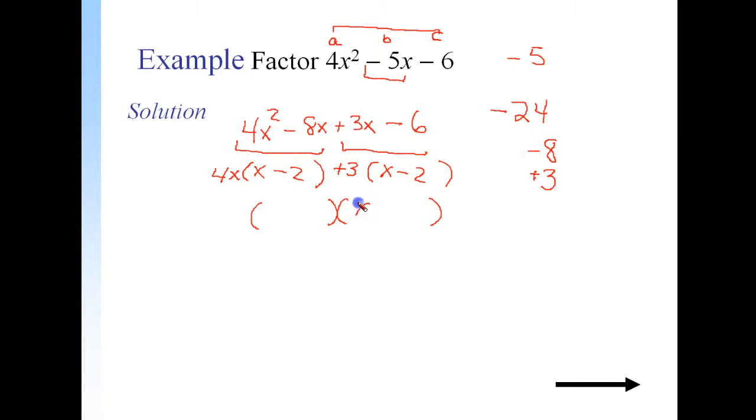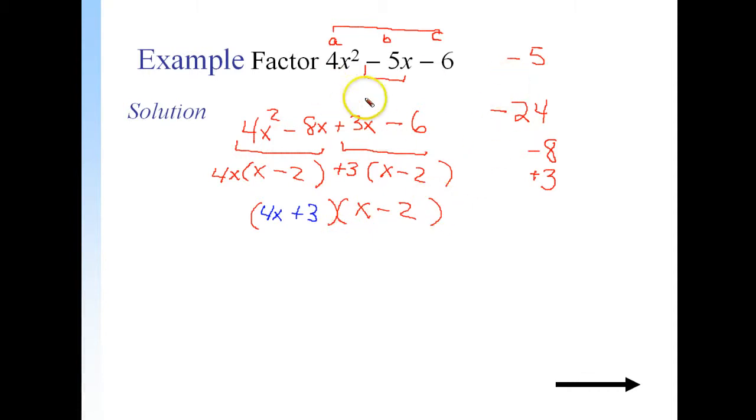I put my x minus 2 in one, and then I bring my 4x from there and my plus 3 from there, and I have factored this using the AC method. And I FOIL this and it checks.